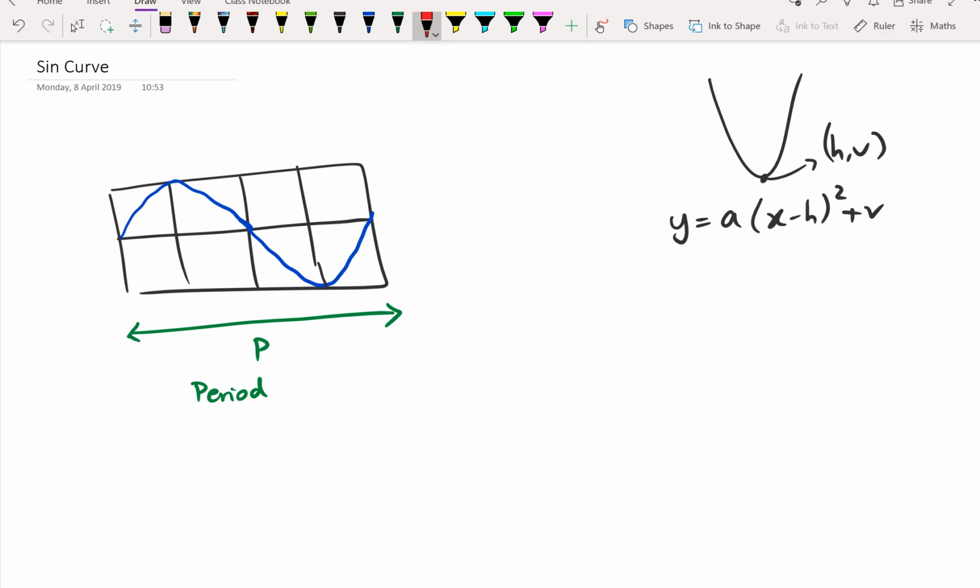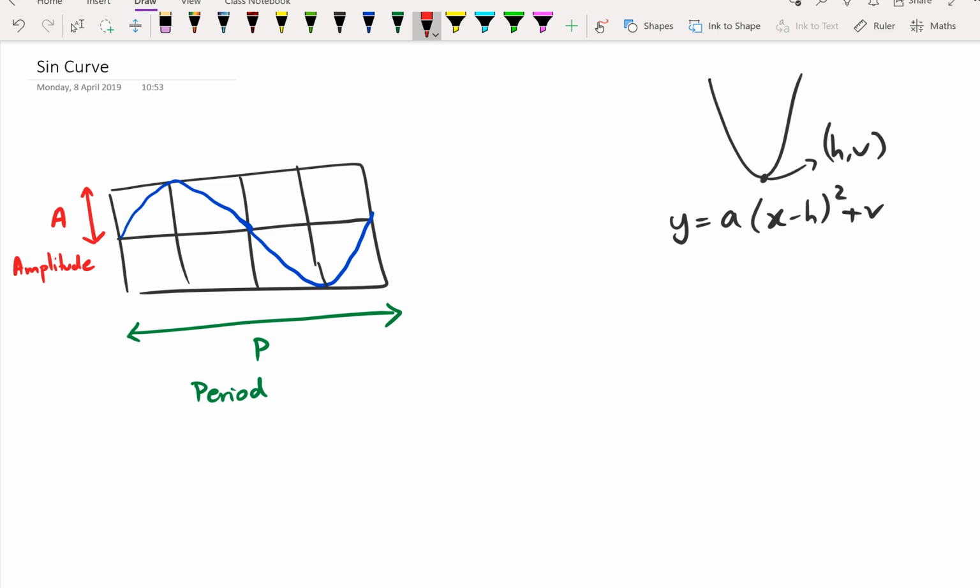The next thing to know is the amplitude. The amplitude goes from here to here. That's known as amplitude, which is going to be A. Amplitude is how far the sine graph is stretched up and down.